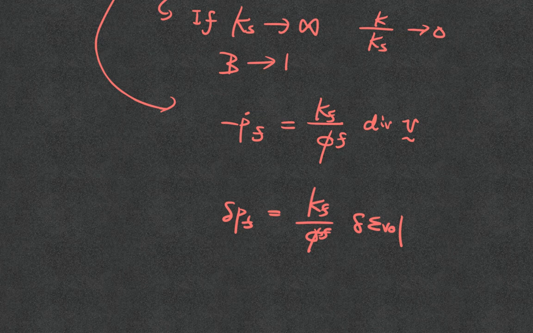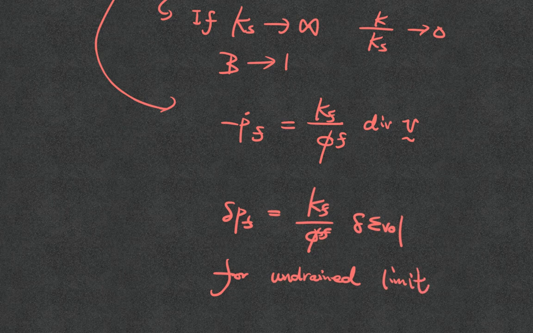So every time I change the pressure for materials that are compressible, it would actually lead to the change of the solid skeleton, when the material is undrained. Sometimes we call it the undrained limit.